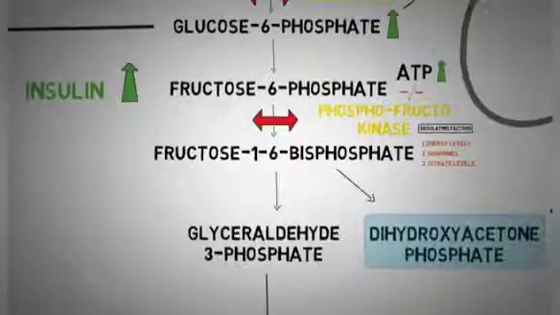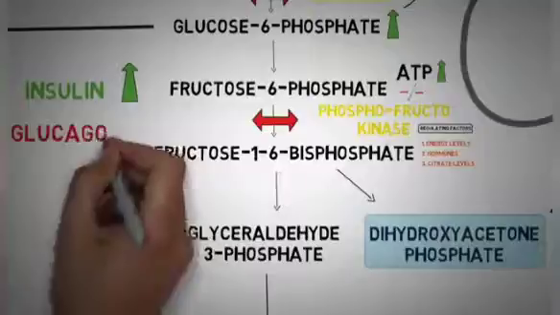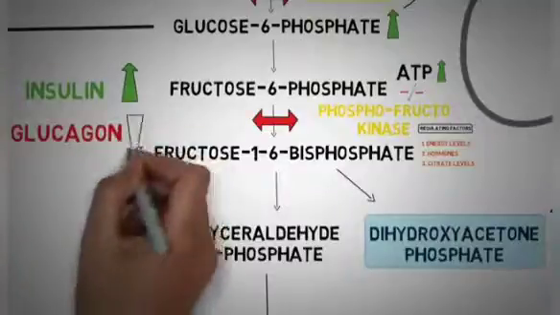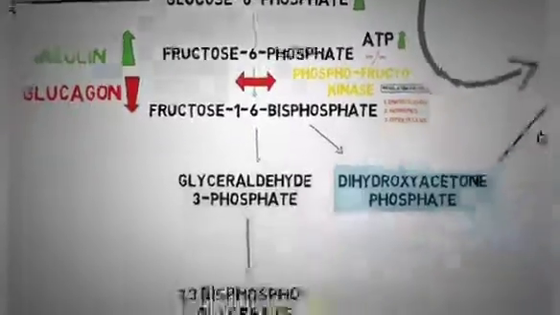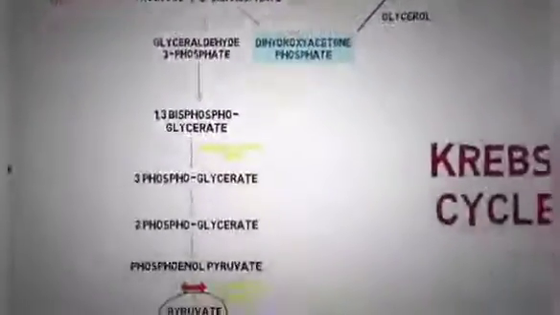So insulin increases the rate of glycolysis, so excess glucose in the blood can be metabolized, and it does so by increasing the activity of the enzyme phosphofructokinase. Glucagon decreases the activity of the enzyme phosphofructokinase, thus allowing the blood glucose levels to increase. This hormonal regulation is indirectly done by means of fructose 2,6-bisphosphate.